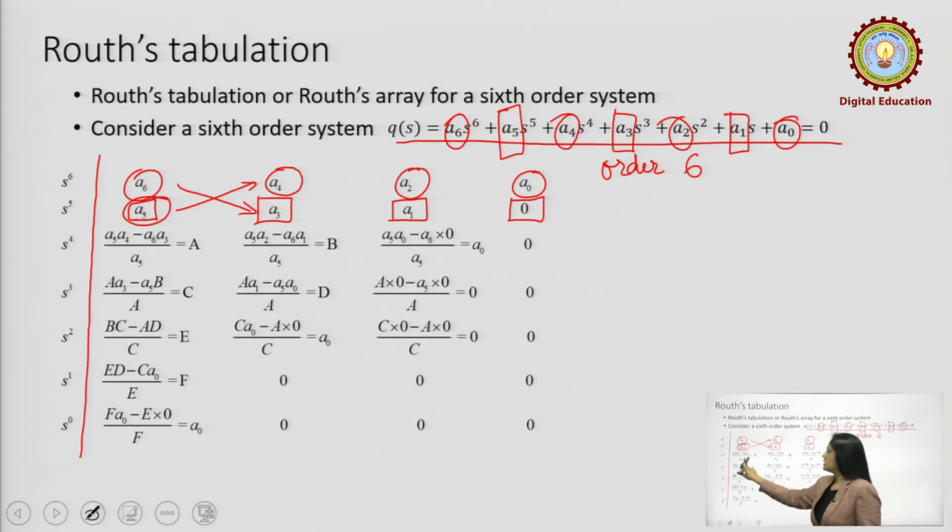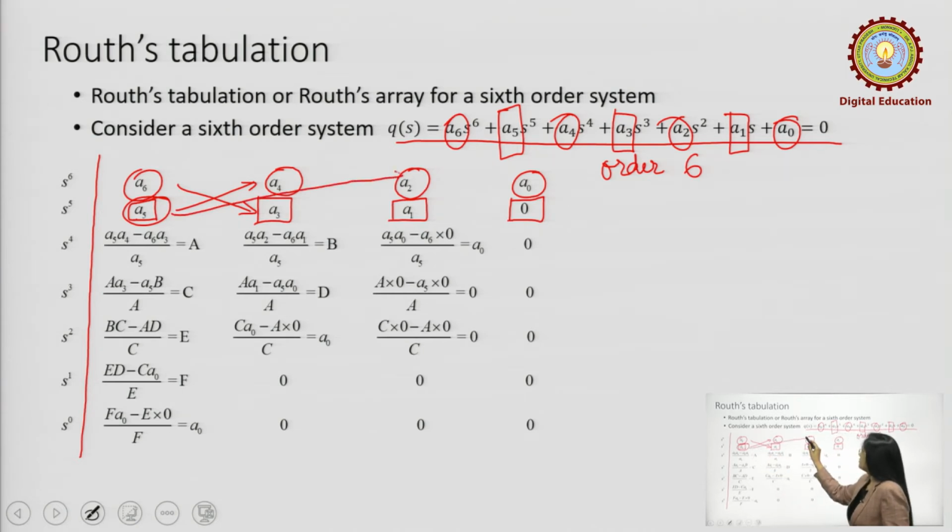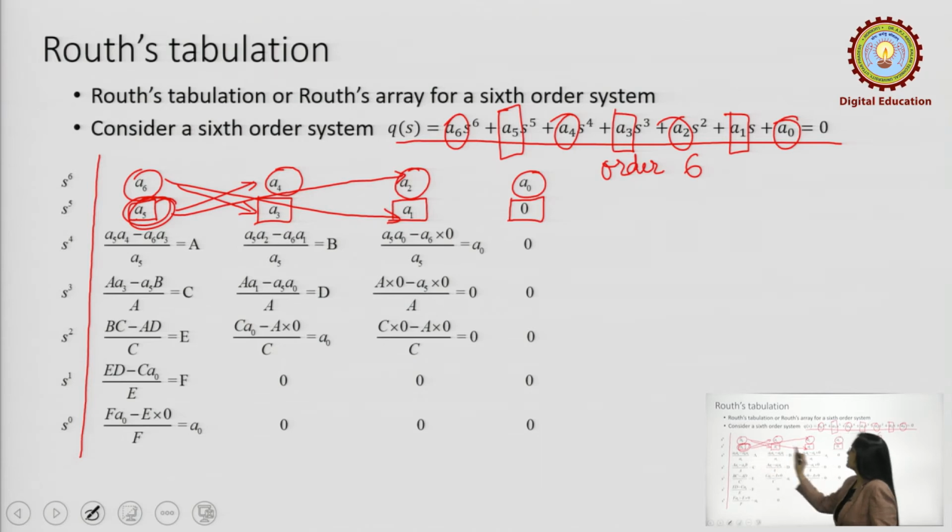This is the first element of the third row. Second element of the third row is obtained by a5 multiplied by a2 minus a6 multiplied by a1, divided by a5. This quantity, a5 a2 minus a6 a1 upon a5, is b.